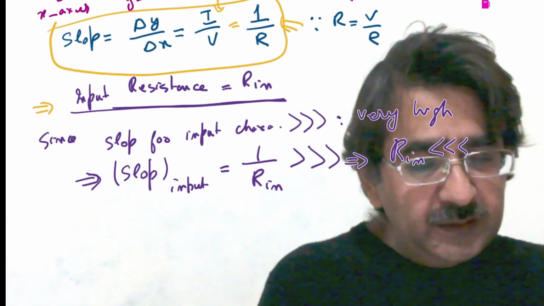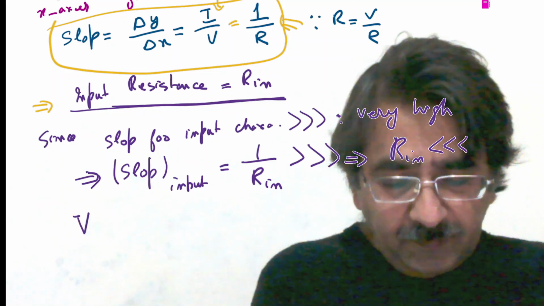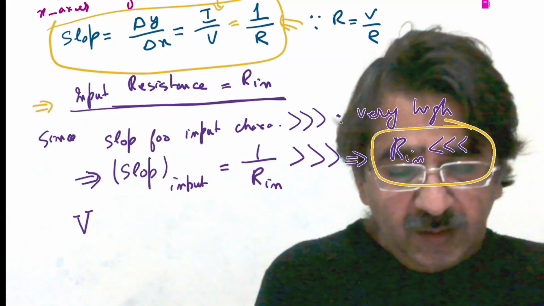So as R in is very small, the input voltage will be very small.